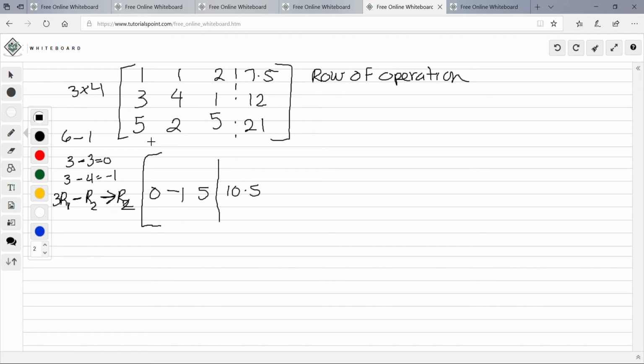And then we have to bring down the original row 1 and row 3, right? So our original row 1 is 1, 1, 2, and 7.5. And then our row 3 is 5, 2, because we haven't touched that one, right? We haven't manipulated it. We have to do one by one, little by little.